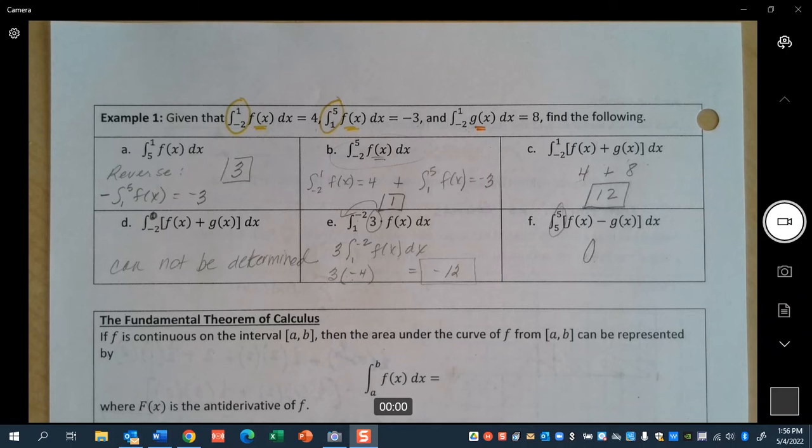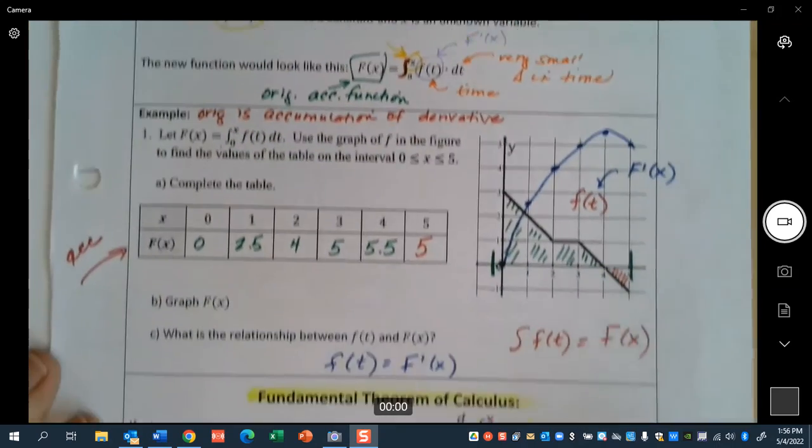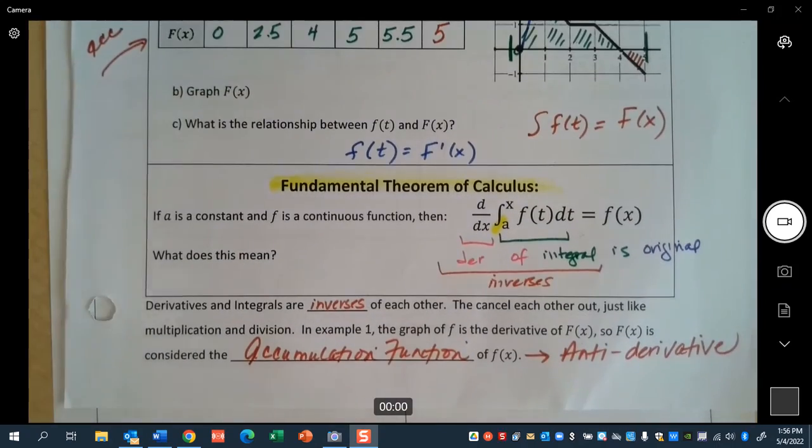All right, so we're going to start talking about this fundamental theorem of calculus, and there are a couple different ways. If you want a page back in your notes, we ended up talking about it, and I'll pull up the notes for you. We ended up talking about it in this conversation when we said, okay, the derivative of the integral is equal to that original function.